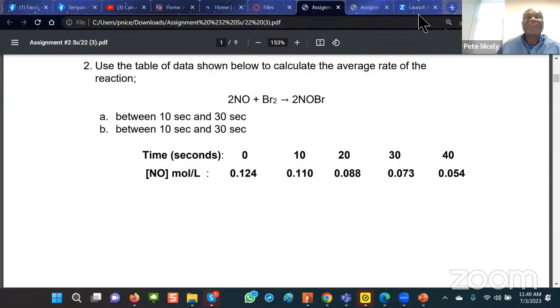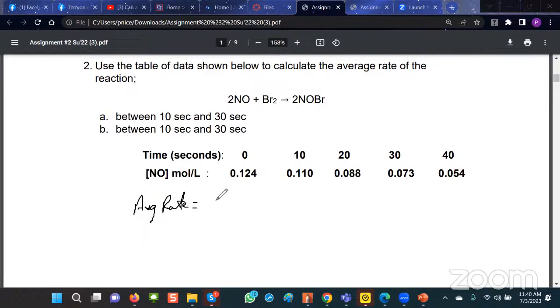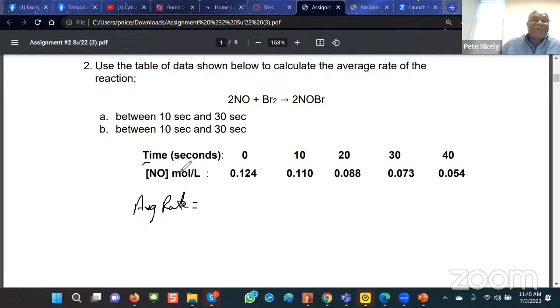We just used it a while ago. Negative delta A over delta T. Well, in this case, we're going to use NO. So negative change in the concentration of NO divided by change in the time, right?